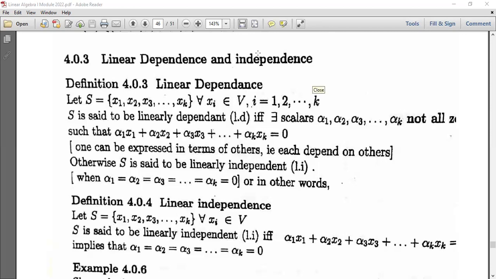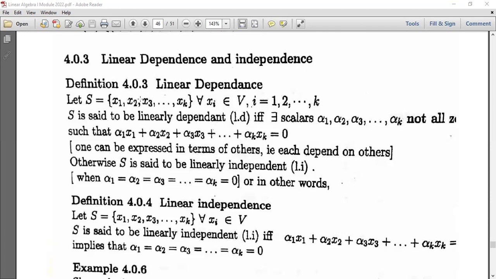Okay, so members, linear dependence and linear independence. Now, if S is our spanning set, which is a k-dimensional X, which has k elements x1, x2, x3, up to xk, and for every vector xi in V, then S, the spanning set, is said to be linearly dependent.